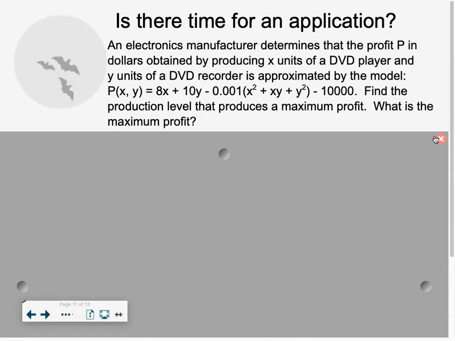Find the production level that maximizes profit, and what is the maximum profit? By production level, we mean how many DVD players and how many DVD recorders should they produce in order to make a maximum profit, and what is the maximum profit?